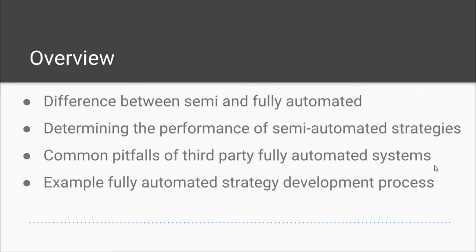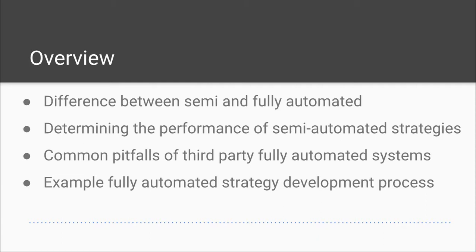So to start with, I'm going to talk about the differences between semi-automated and fully automated trading. There's quite significant differences there, and there's different approaches you use for both of those. I'll talk a bit about determining the performance of semi-automated strategies, and how that can't be easily done.